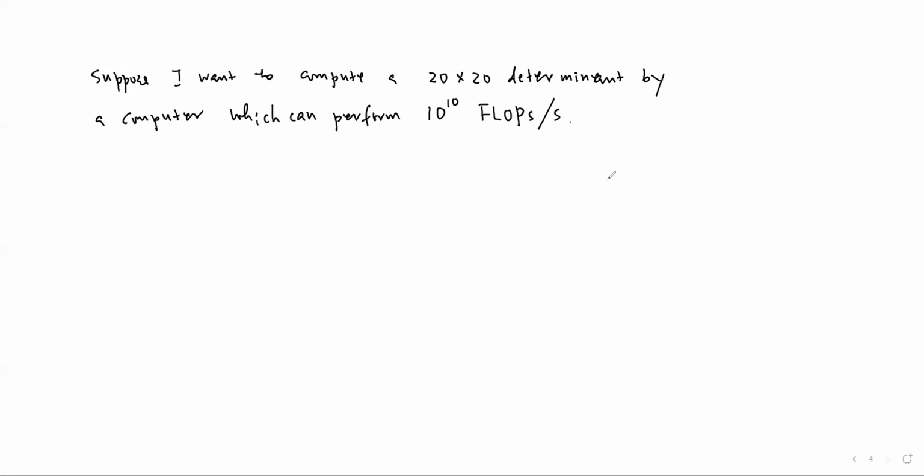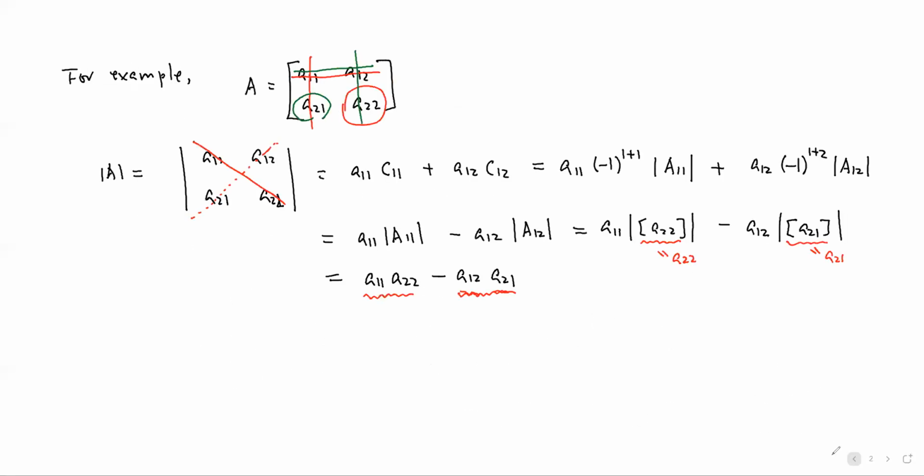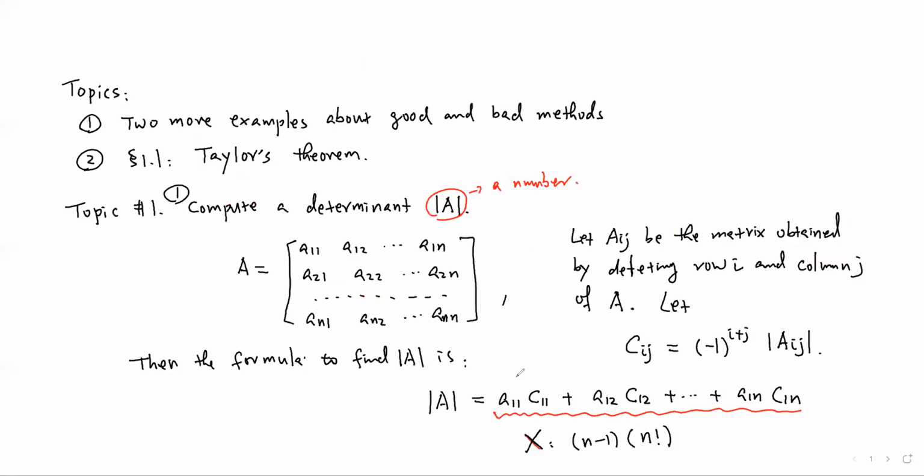Okay, now let's see. By using this formula here, how long do we need to wait for the result? About this formula, the computational cost is n minus 1 times n factorial.